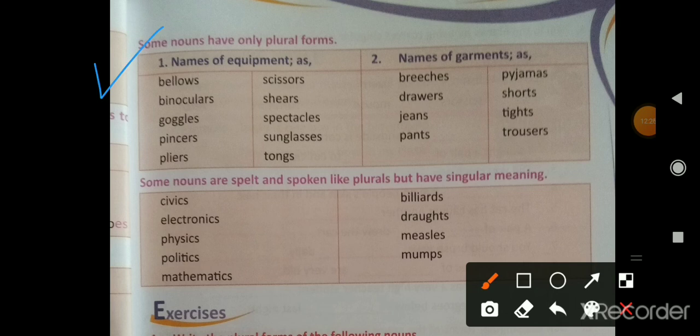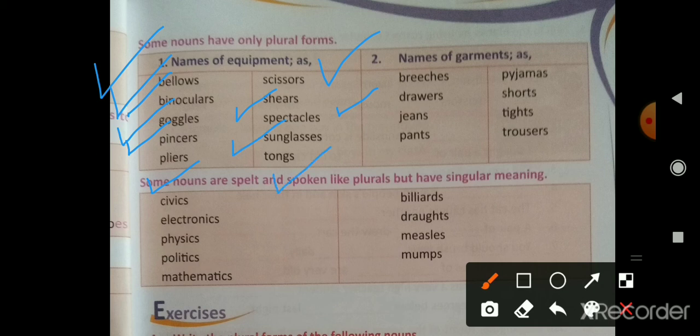Now some nouns have only plural forms. Okay, so these are the nouns which always come in plural form, like bellows, binoculars, goggles, pincers, pliers, scissors, shears, spectacles, sunglasses, and tongs.